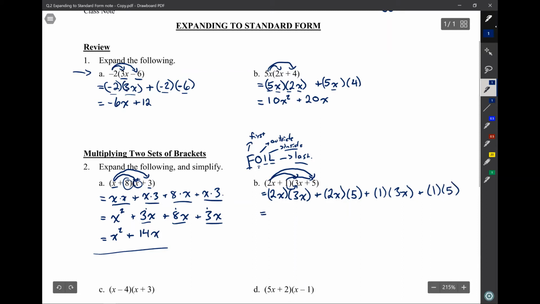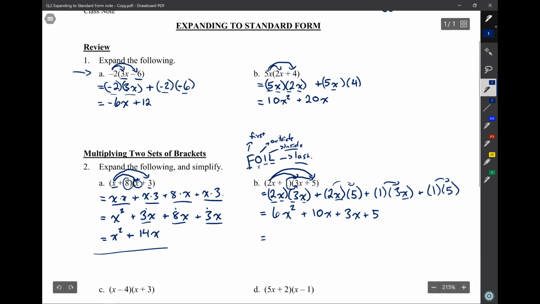Now we'll multiply our individual parts here. So I have 2 times 3 is 6, and I have x times x, which is x squared, plus I have 2 times 5, which is 10, and I just have the 1x, so 10x, plus I have here 1 times 3 is 3, and I just have the 1x, so 3x, plus 1 times 5 is 5, and there are no x's there, so the 5 is on its own. It's a coefficient.